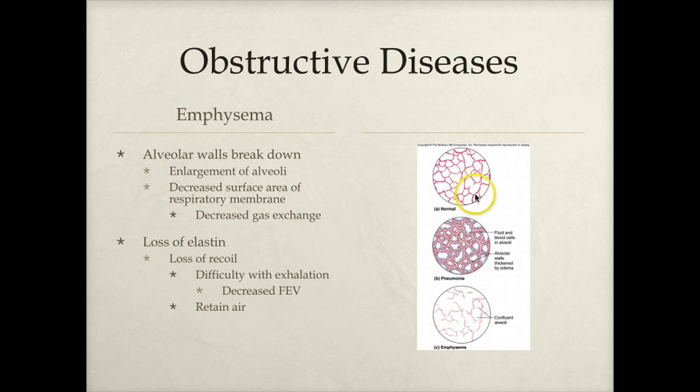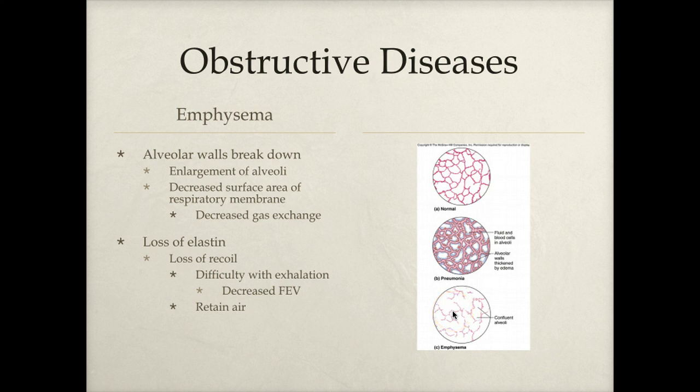If we look at this drawing here, you can see this is representing normal lung tissue. It's a cross-section through some air sacs. So these are the walls of the alveoli. And with emphysema, you can see that some of those walls have been broken down.